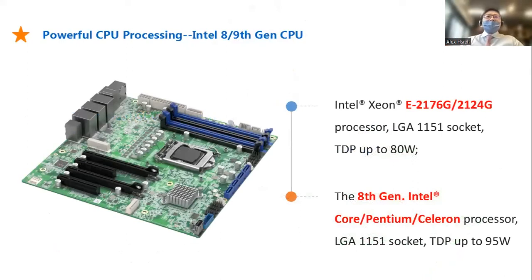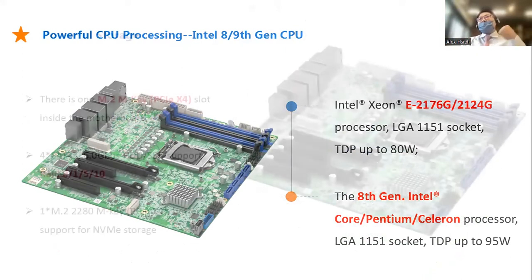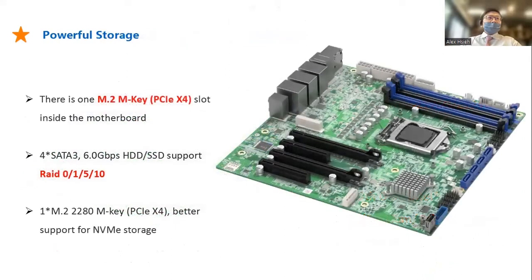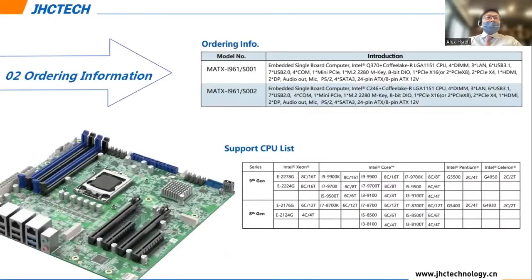We also support Xeon CPUs, and we support 8th generation Intel Core, Pentium, and Celeron. Another point to remember is that we support M.2 PCIe, so you can use different kinds of interfaces, and we also support RAID 1, 5, 10.